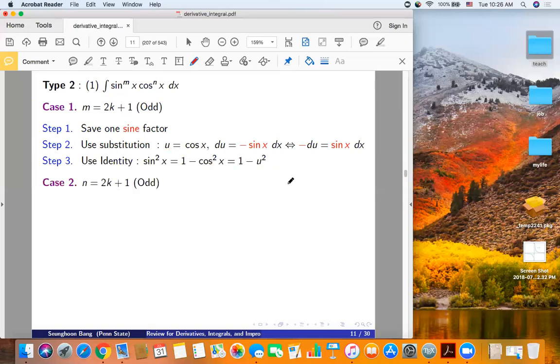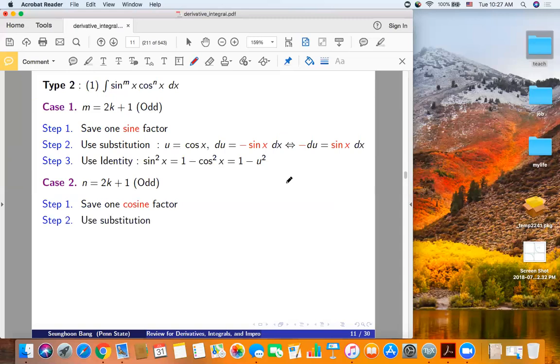Second case, n equals 2k plus 1. The power n of the cosine function is odd, 2k plus 1. How can you solve it? Similar, in the opposite way. Step 1, save one cosine. Step 2, use substitution.